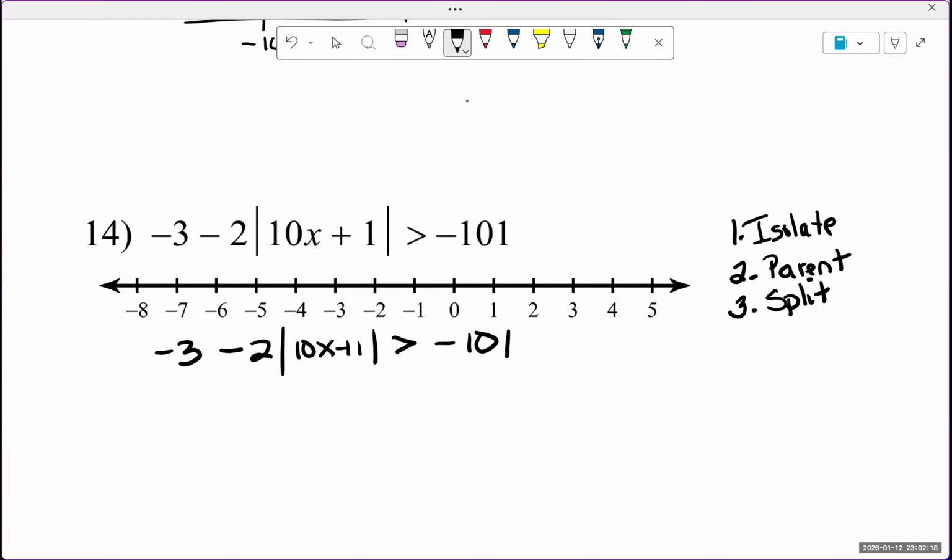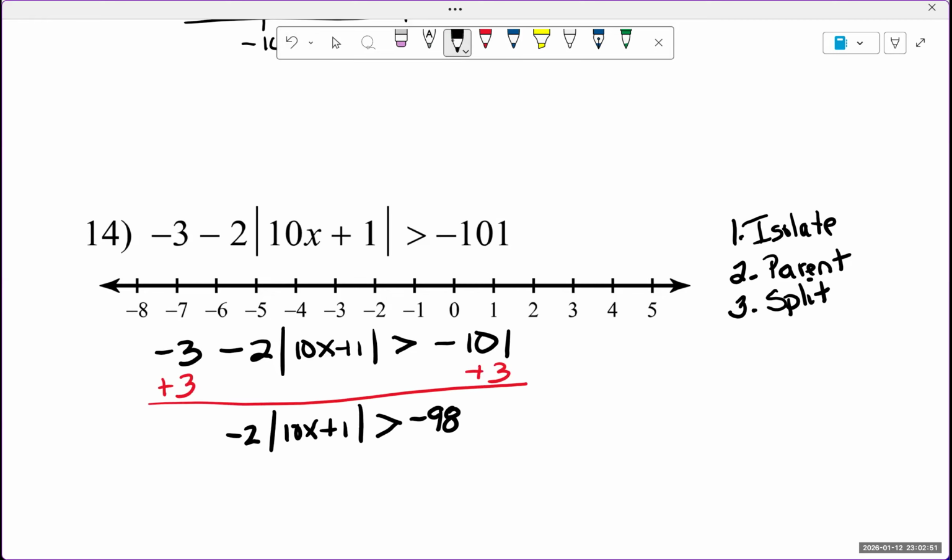Number 14. So the first step we do is isolate. Notice empty space there, that's multiply. So we're going to add 3 to both sides. Now we are going to divide by negative 2.